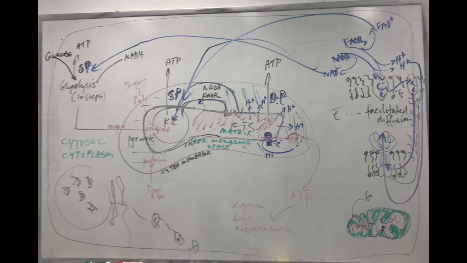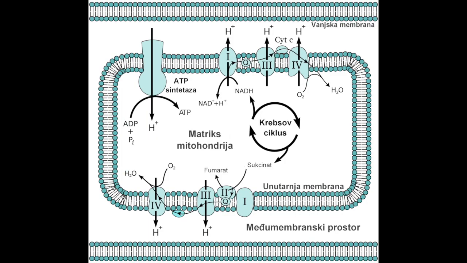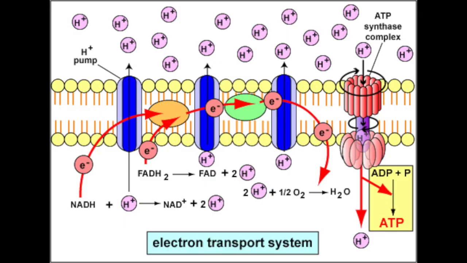The outer membrane is an outer shell between the cytoplasm and the matrix, with the intermembrane space as a barrier in between. Inside the matrix, we have the electron transport chain as well as the Krebs cycle.